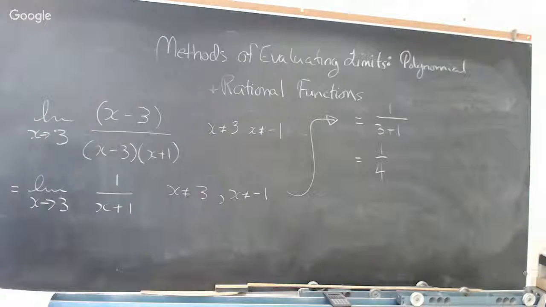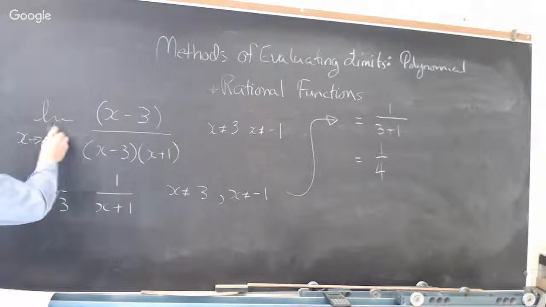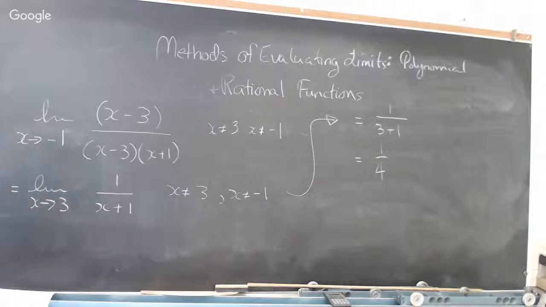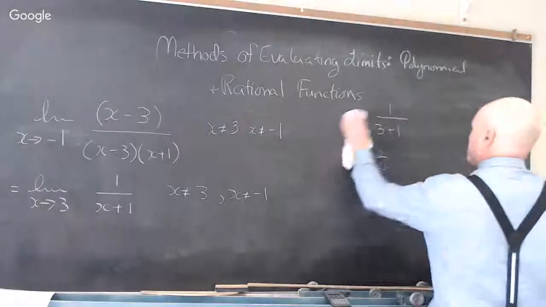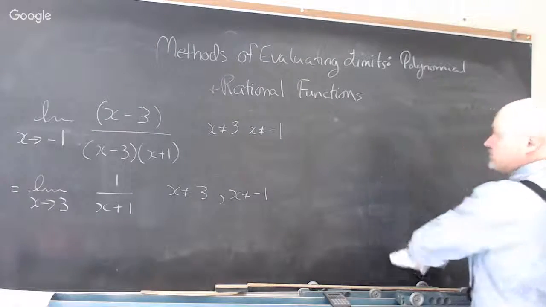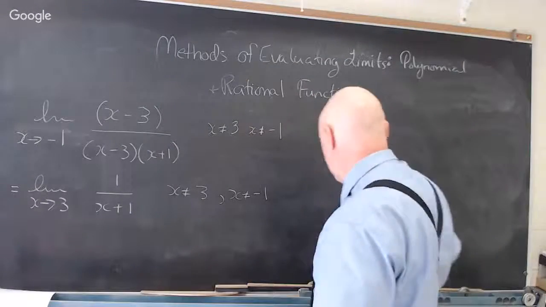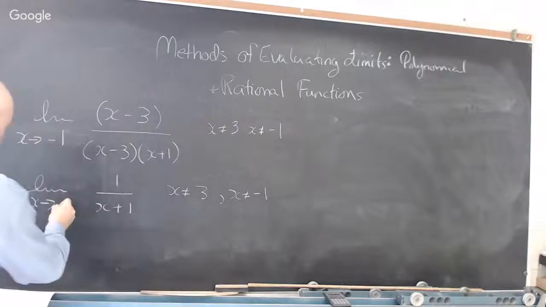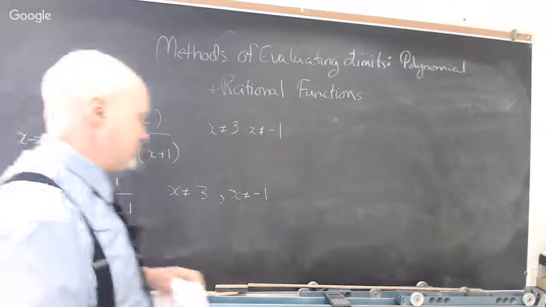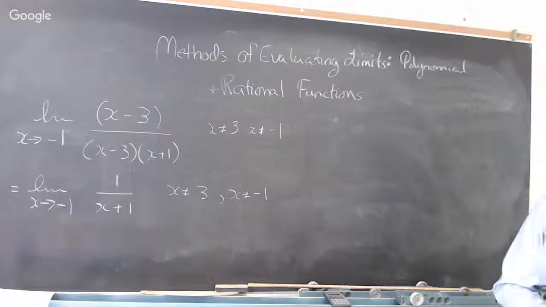If I take exactly the same equation and I look at x approaching -1, wow, suddenly everything changes. Oops, I'm going to have to change the limit as well. When I say everything changes, I mean not very much changes, so that I don't have to change very much at the board.